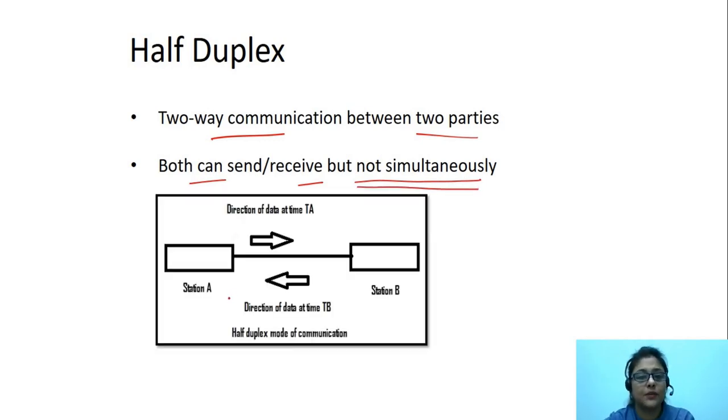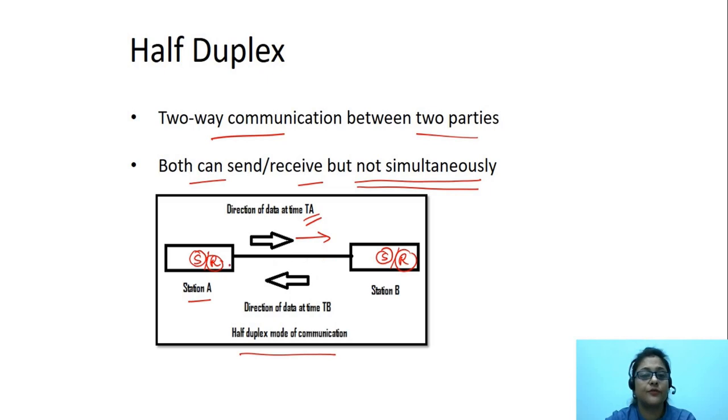This is an example of data flow in half duplex mode of communication. We see here that there is a station A which can act as a sender or a receiver, and there is a station B which can also act as a sender and a receiver. At one point of time, station A is sending data in this direction to station B, at time TA, let's say.